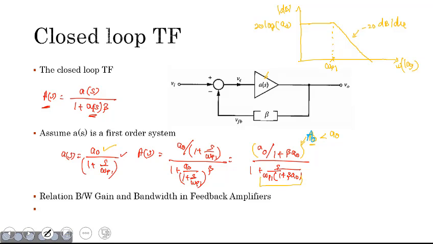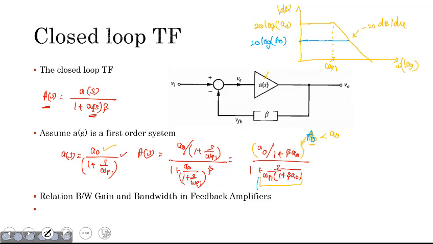It's obvious that we will get a height that is lesser than this small A naught, and due to which let us fix the DC gain of our closed loop system at a gain that is obviously lesser than the value of this A0. So now, where exactly would I have the pole of my closed loop system?